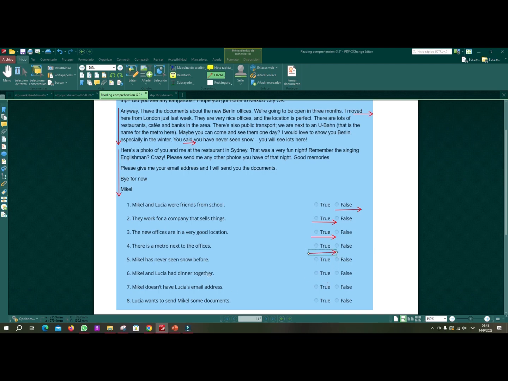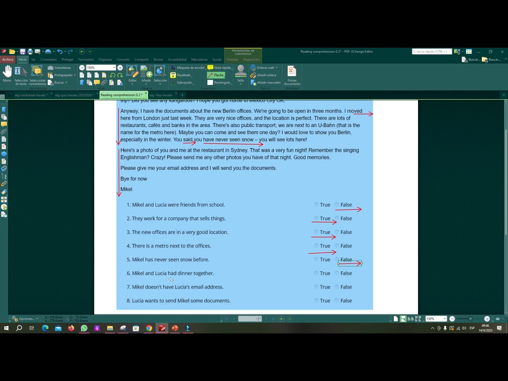Perfect. Michael has never seen the snow before. True or false? It's true. Michael, are you sure? Or Lucia? Here you have this. You said you have never seen the snow, but who? Lucia, right? So in this case, that is false.